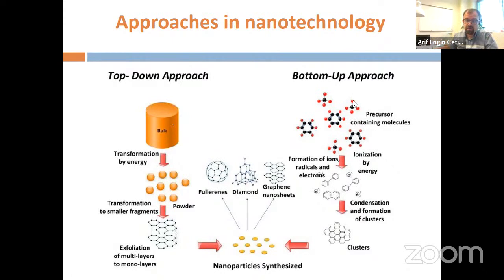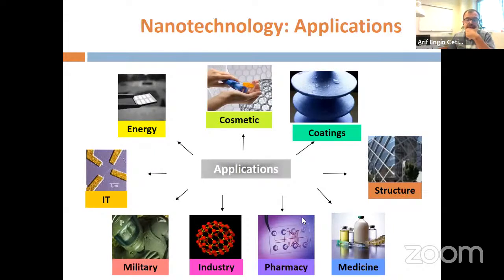In the bottom up approach, you have the same material in the molecule form or the atom form to create the nanoparticles. So these are all details about nano materials.